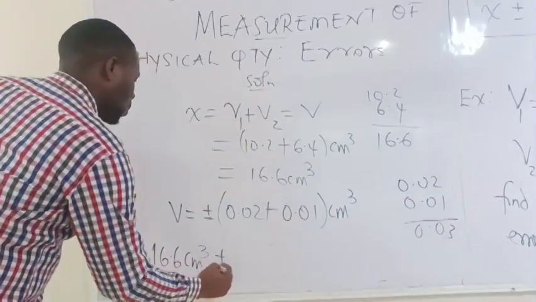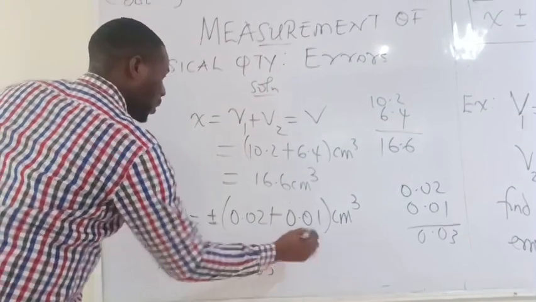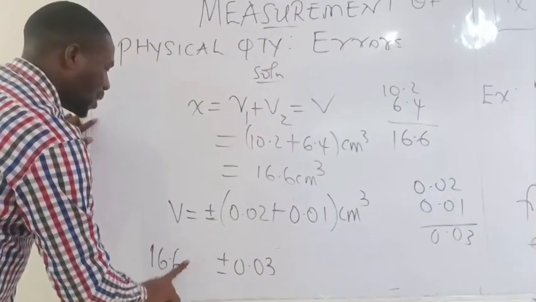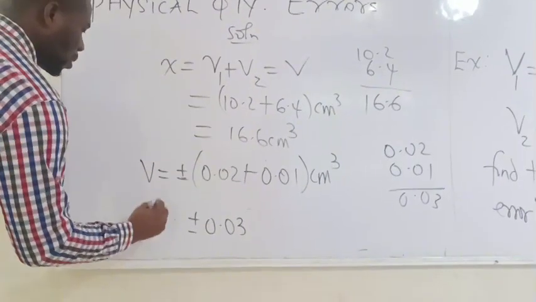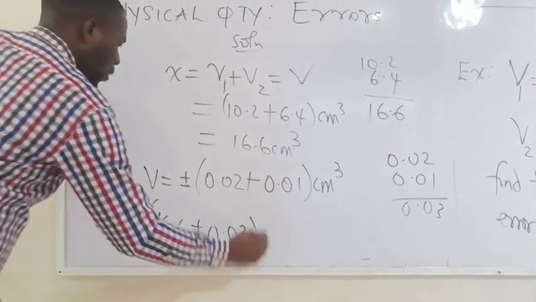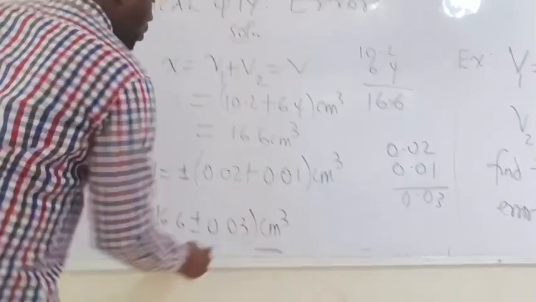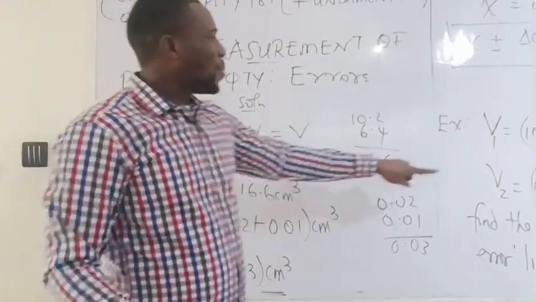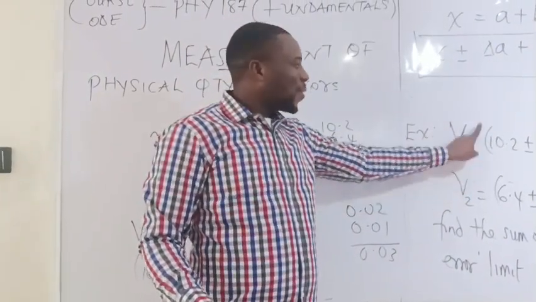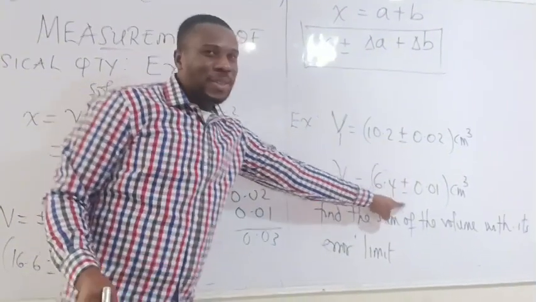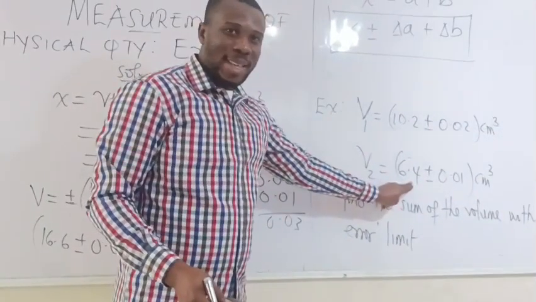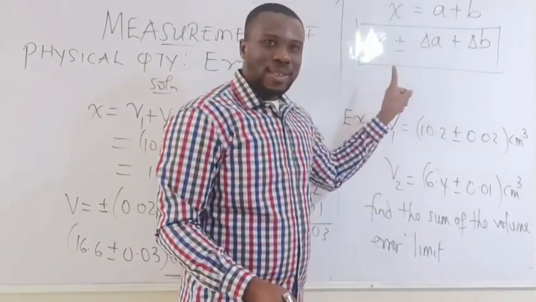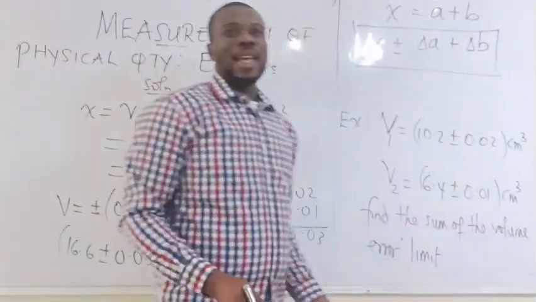So this is plus or minus 0.03, and I could stick this in the bracket with 16.6, and stick in the units outside. Now I have reported the measured value of this volume with their errors as the sum of the volume, then a plus or minus the sum of the absolute errors.